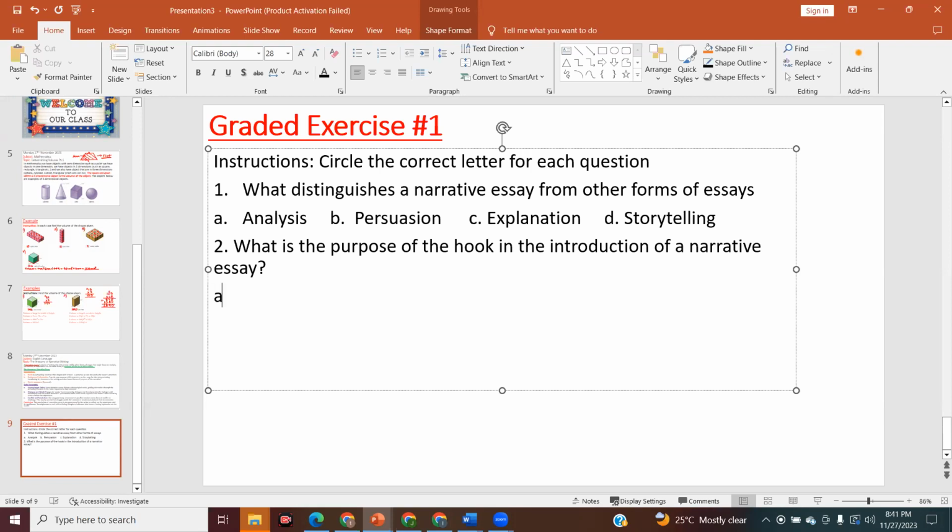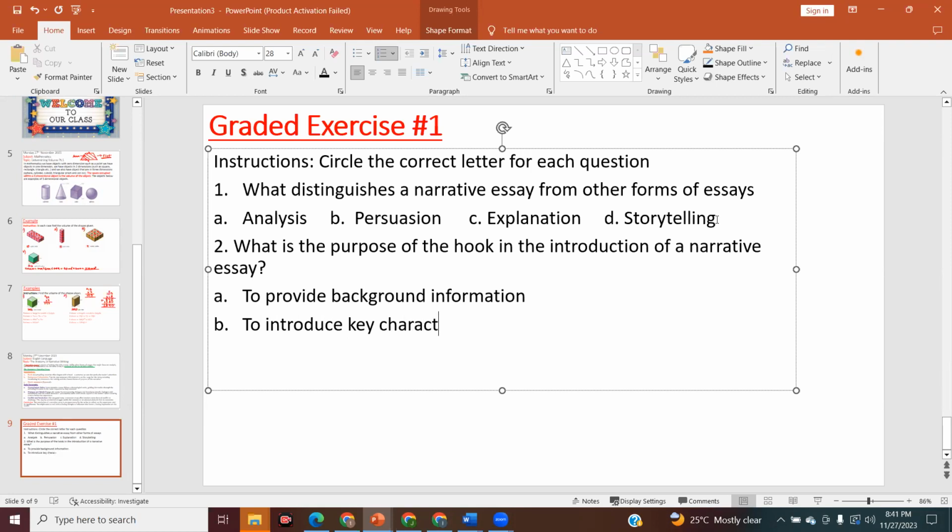So the purpose of a hook, is it to A, to provide background information, is it to B, to introduce characters, is it to C, to engage the reader's attention?